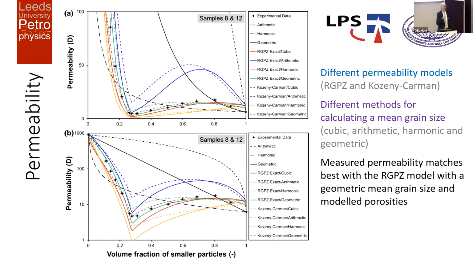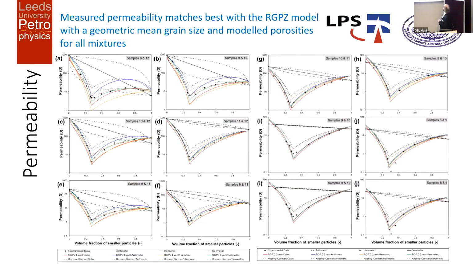Now this is the data for only one mix. I wanted to show it to you as one mix at a large scale so you can see the detail in it. Now what I want to do is to give you all of the data, and this is what all the data looks like, so you can see that the one I showed you earlier isn't just happenstance a really good fit, they all are a pretty good fit to the RGPZ geometric model.